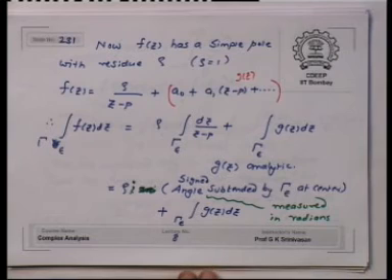Gamma epsilon is a semicircle. So, how are you going to calculate it? Z equal to epsilon e to the power I t. So, dz will be epsilon I e to the power I t dt. Below, z minus p will be epsilon e to the power I t.